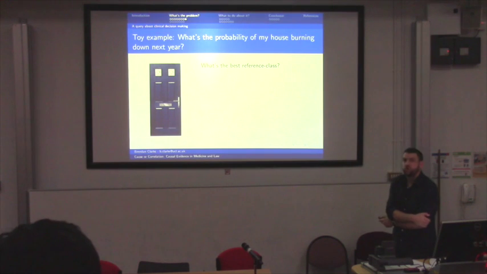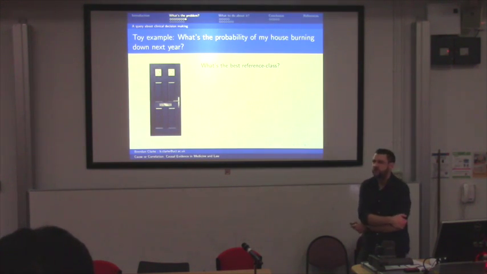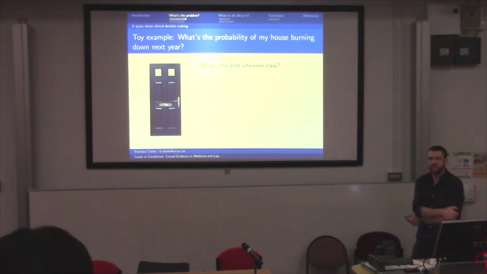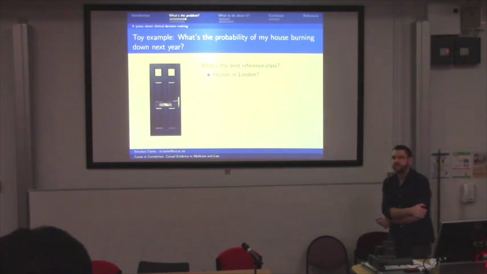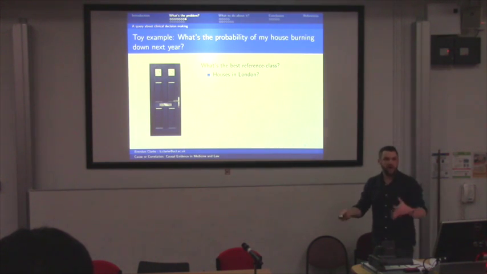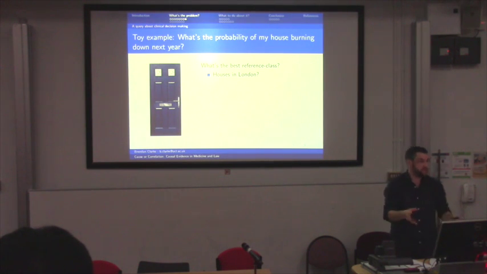Well, I suppose the usual answer might be to go and look at some statistics. We could go and find out what the probability is of houses in London burning down, which is actually surprisingly high. Don't go and look these statistics up, they will worry you. So we can look at the probability for London as a whole, and assuming my house is in London, I will assume that the probability of my house burning down is basically the same as that overall probability.